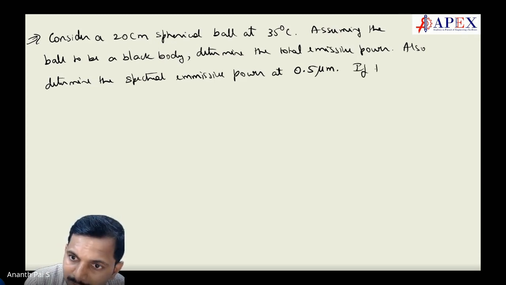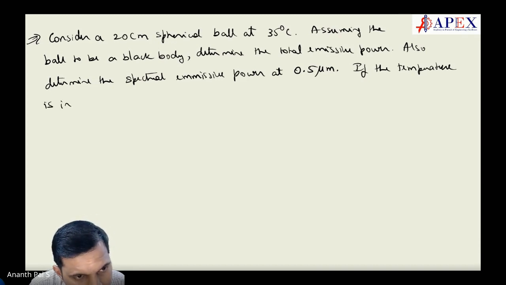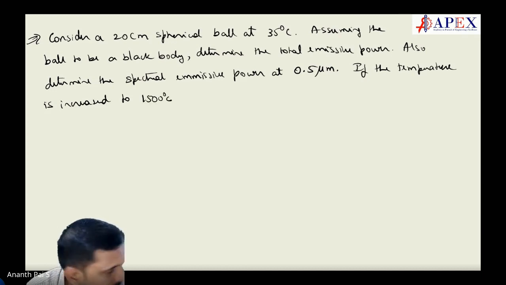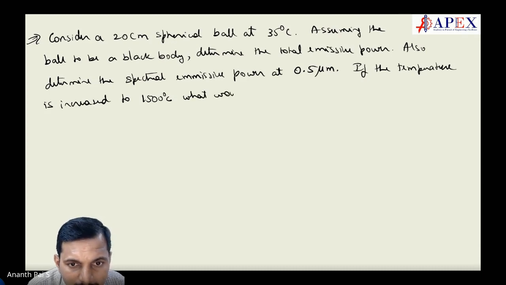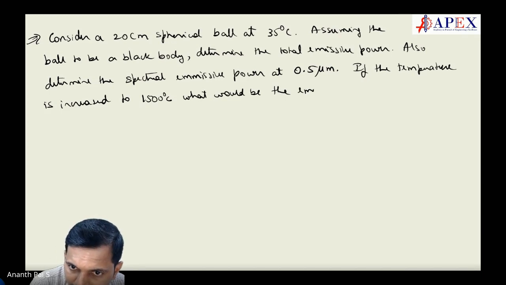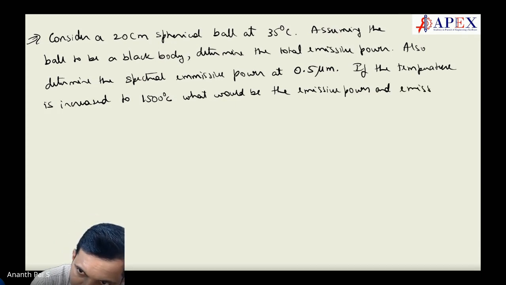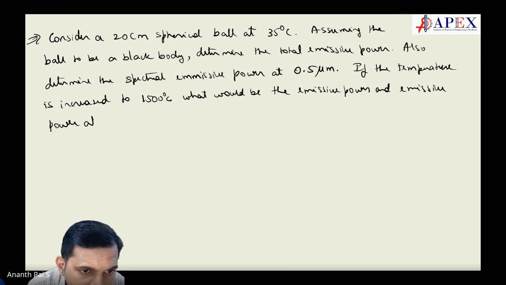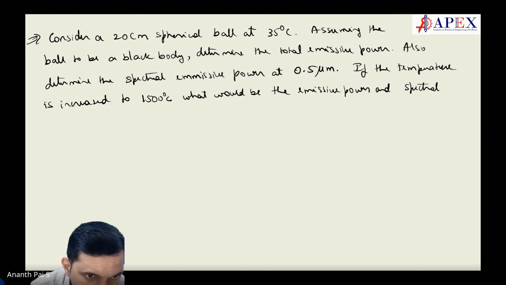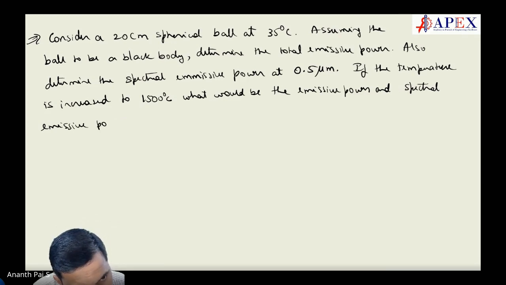If the temperature is increased to 1500 degrees centigrade, what would be the emissive power, or spectral emissive power, at 0.5 micrometer wavelength?